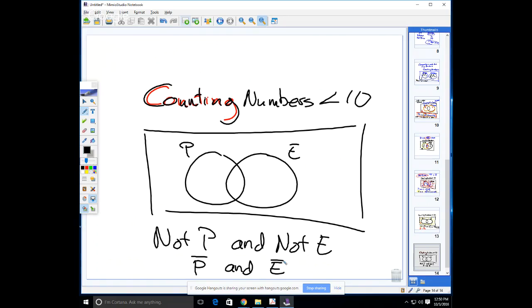So and is described as an intersection, right? That's physically what we call it, where two things meet. So let's just double check that here. So I definitely want things that are not P, right? So I'm going to shade the not P in yellow.